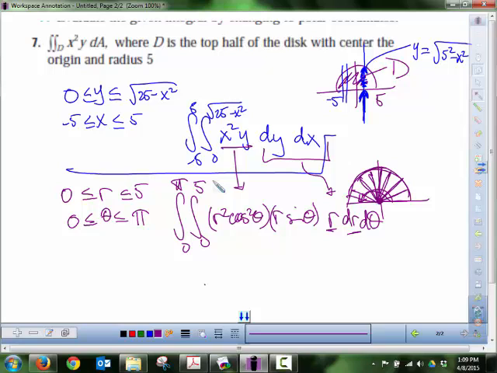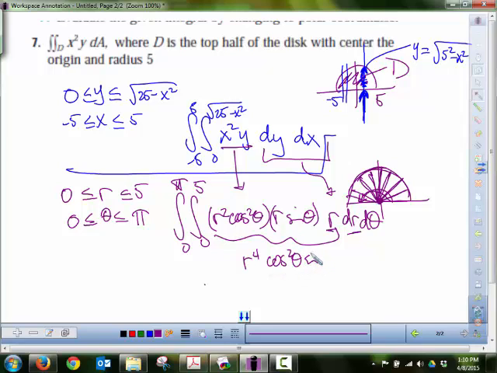So let's begin thinking about computing this integral, and I will start by simplifying the integrand. It looks like I have r squared, r, so that's r to the 4th, and then I have cosine squared theta sine theta.